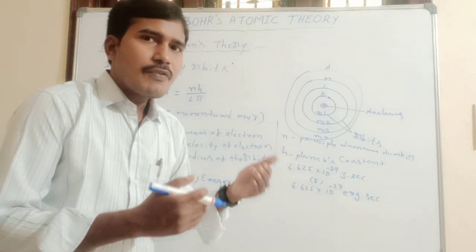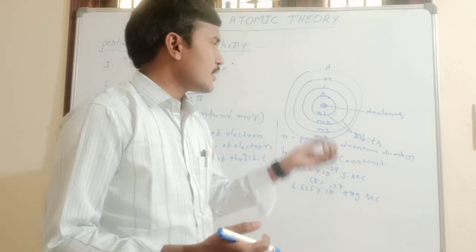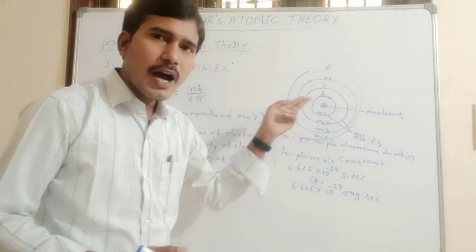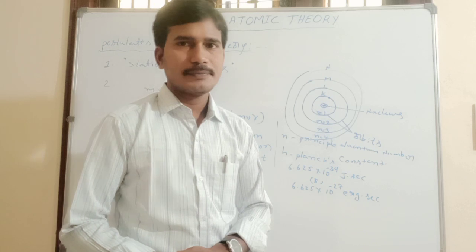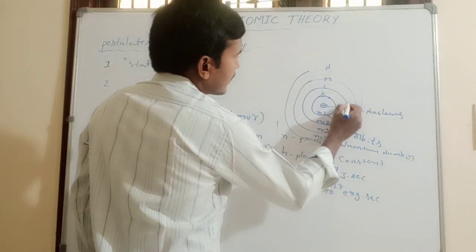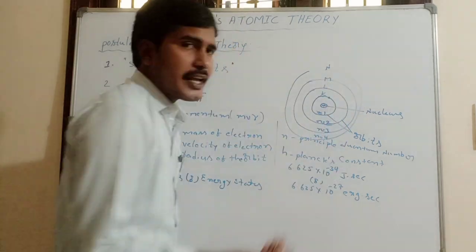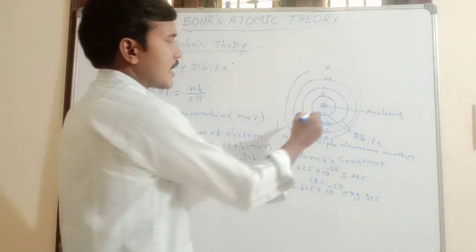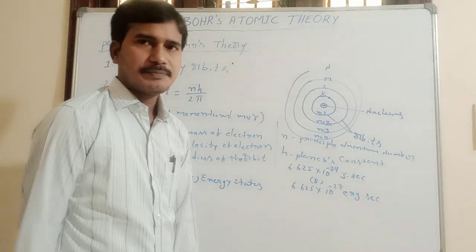The energy of the electron changes only when an electron moves from one orbit to another orbit. The outer orbits have higher energy while inner orbits have lower energy.